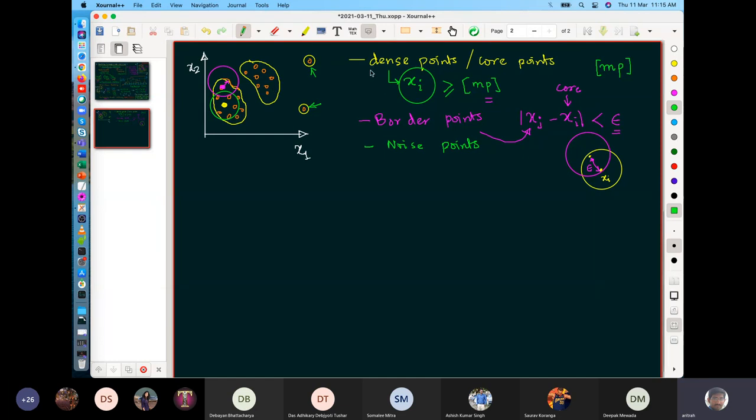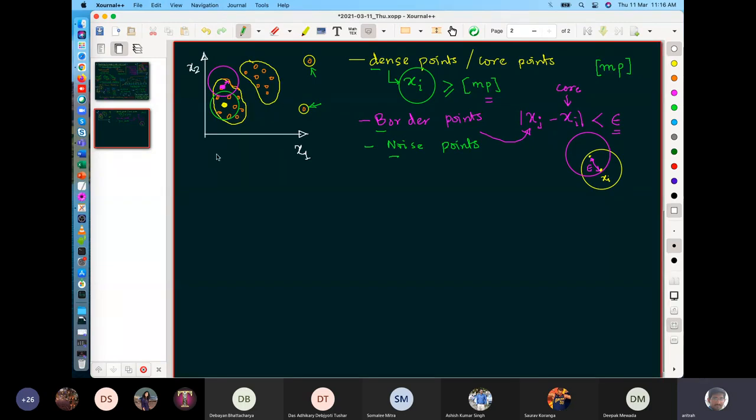But to make sense of my algorithm, I just declared three things: dense or core points, border points, and which are not in a dense region, they are noise points. So these are my basic definitions through which I will try to design my algorithm.